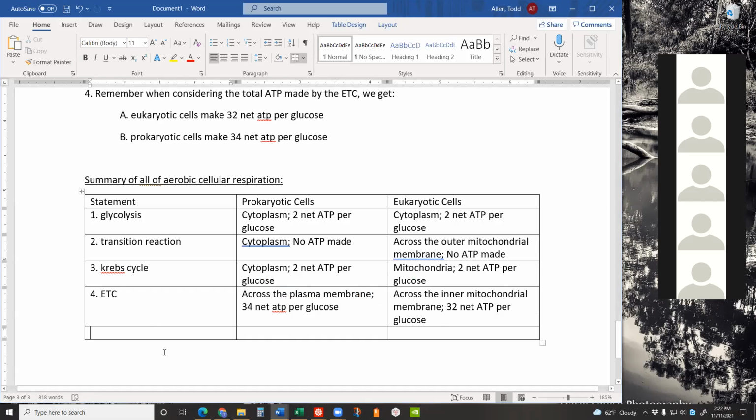So our grand tally here for ATP is as follows. Prokaryotic cells, you get a grand total of 38 net ATP per glucose. And eukaryotic cells, you get a grand total of 36 net ATP per glucose.